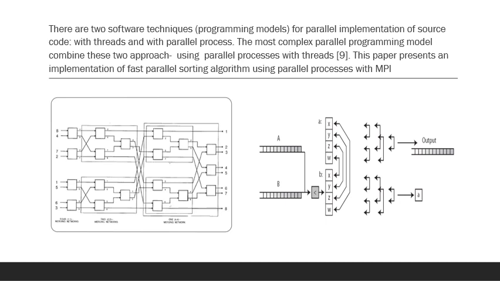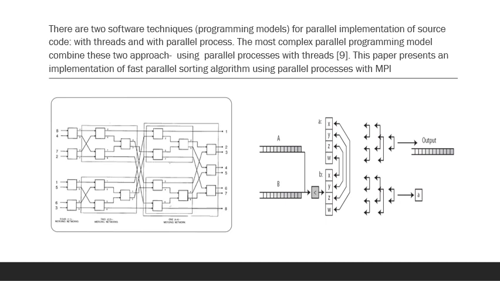The most complex parallel programming model combines these two approaches, using parallel processing with threads. The paper presents an implementation of a fast parallel sorting algorithm using parallel processes with MPI.